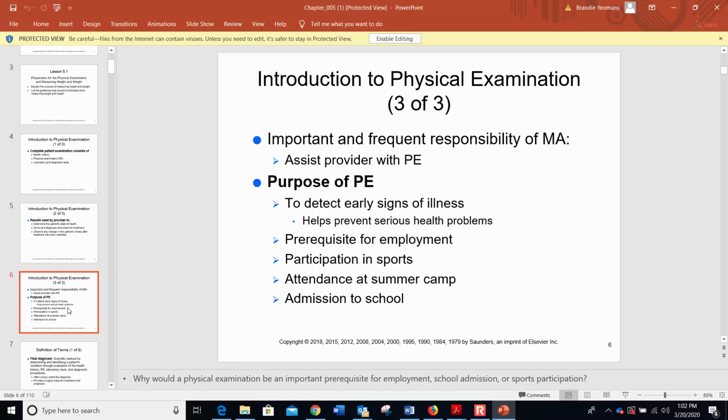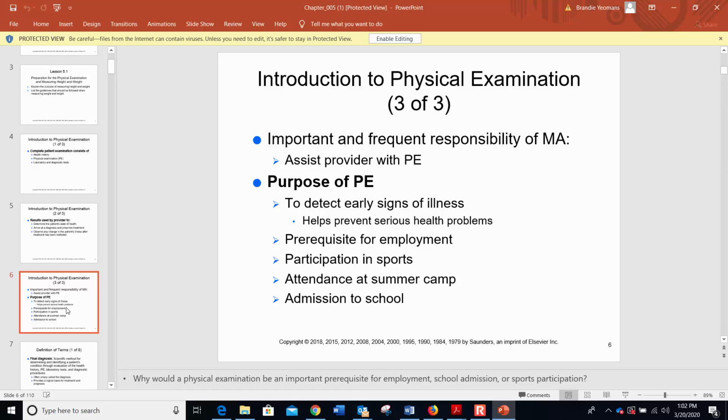Well, of course, we try to do that for detection of early illnesses such as heart disease. If you're looking for chronic illnesses even, we look for those because the sooner we can get a hold of those, the easier it is to treat them and try to keep them at bay. But here are some other reasons why people might need to have a physical exam.